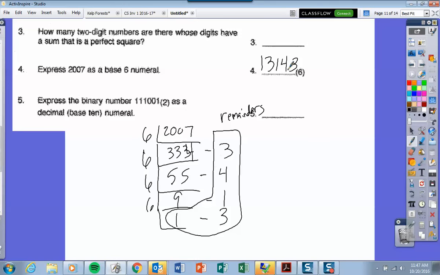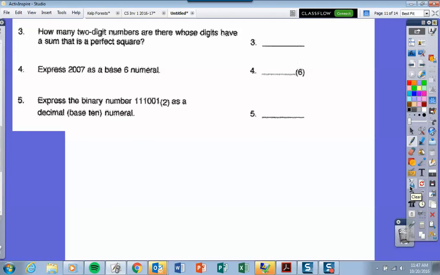We haven't learned that. We can talk about this in class when I get back from C Camp if you have any questions about this one. And last, express the binary number 111,001 base 2 as a decimal base 10.